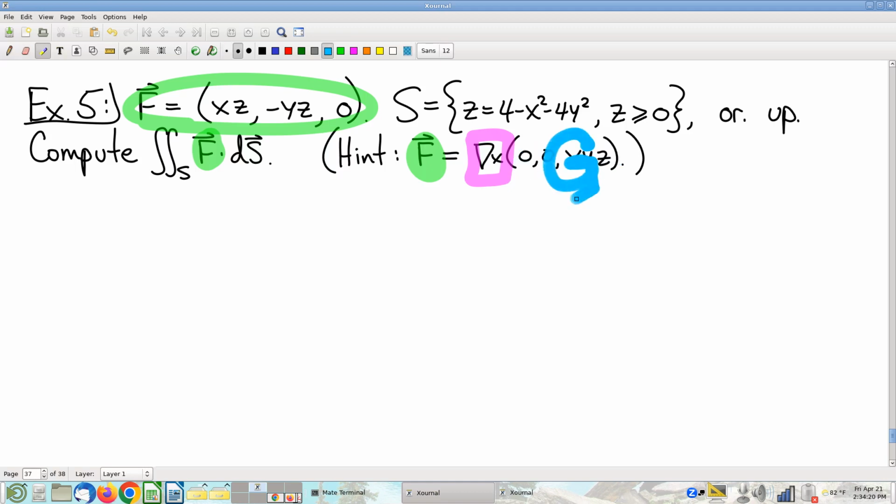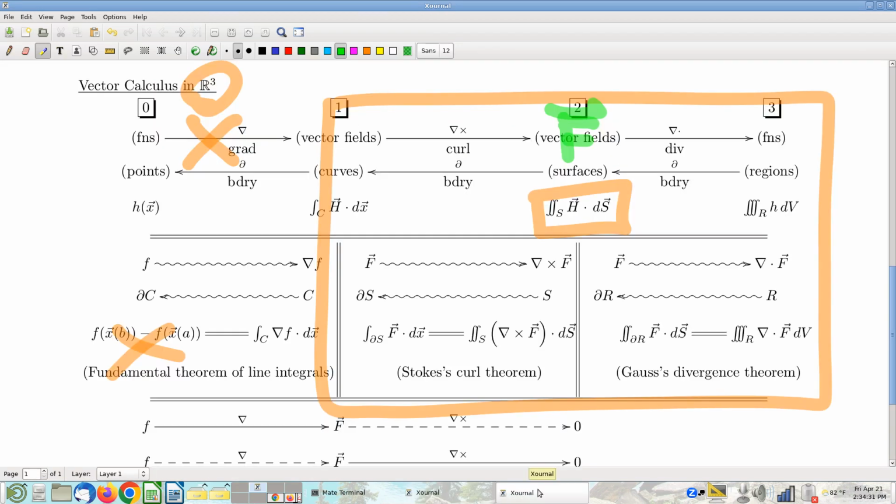I'm going to call that G, just so I can talk about it. So this says G, compute the curl, gives you F. And I'm going to represent that on the diagram over here by, well, G must therefore be here if when we compute the curl, we get F. So this is our given, right?